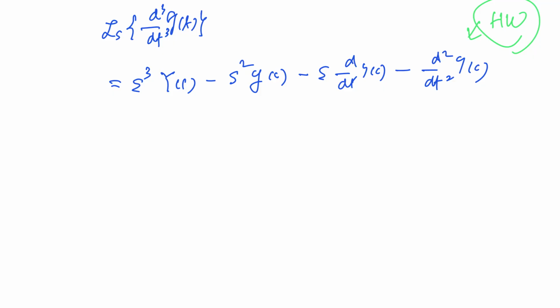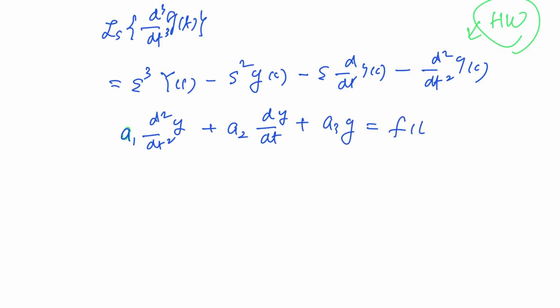Let's construct a table then. For example, if we have a1 dt squared d squared y, a2 dt dy, a3 y is f of t.